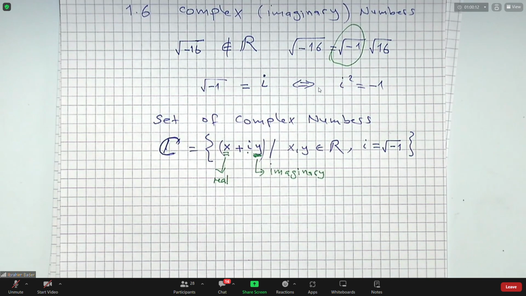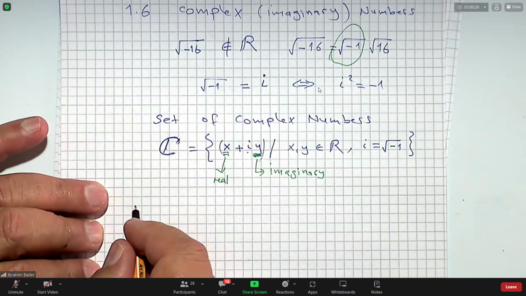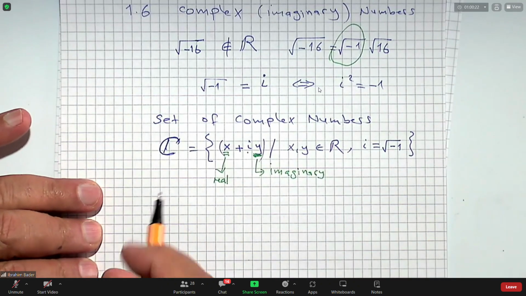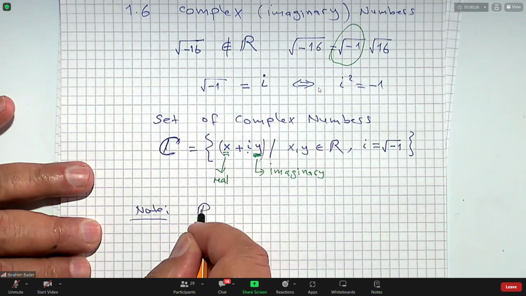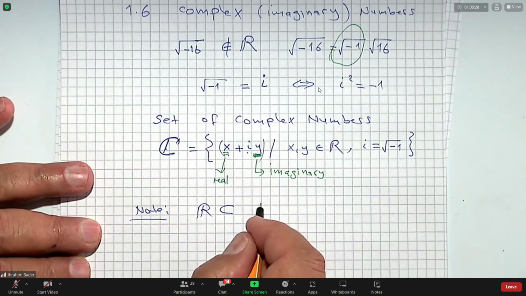Now, notice that we can have some numbers. We said that the real numbers are, so maybe here I will just write it as a note. R is a subset of C, right?